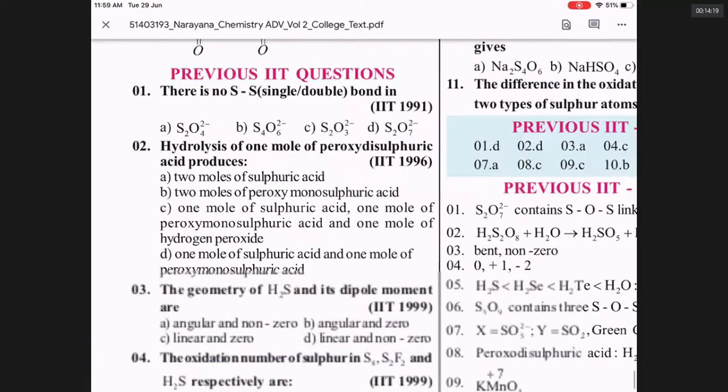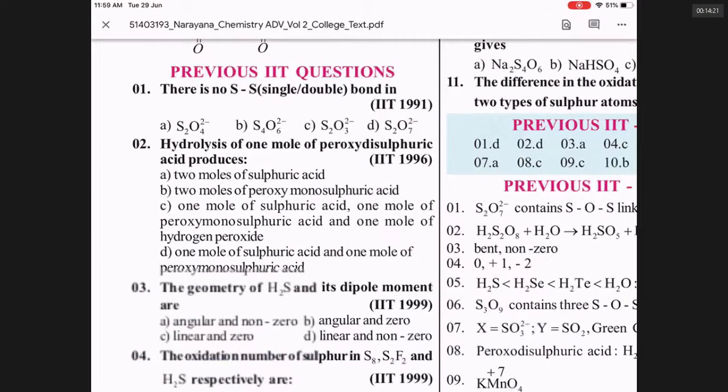These are previous IIT questions. Which of these does not have an S-S bond? In S2O7 2-, the pyrosulfate ion, there is no S-S bond. You can look at the structures of these from the structures of oxy acids.